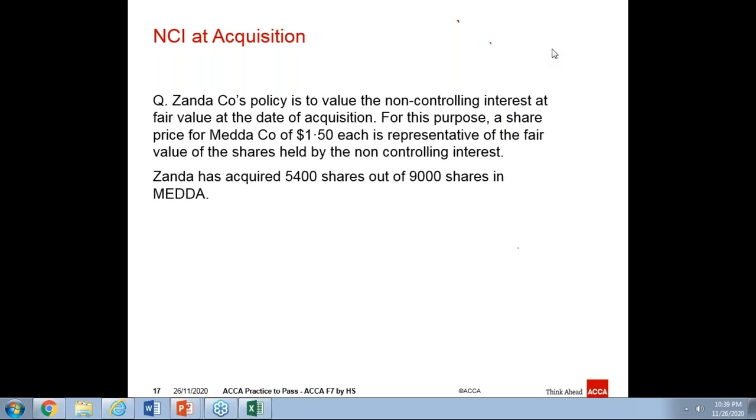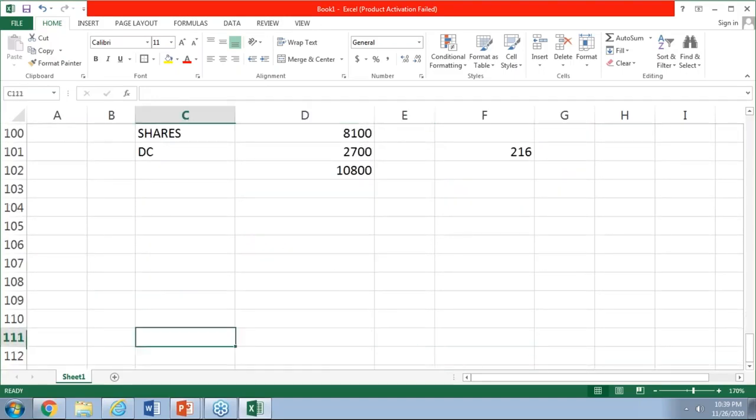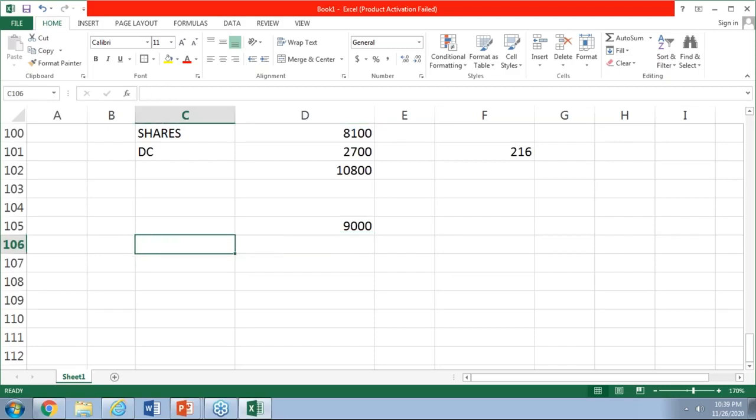So what will be the value of this NCI? Zenda acquired 5,400 shares out of 9,000. The group has actually acquired 5,400 shares out of total 9,000.